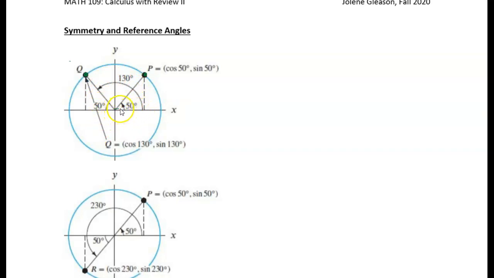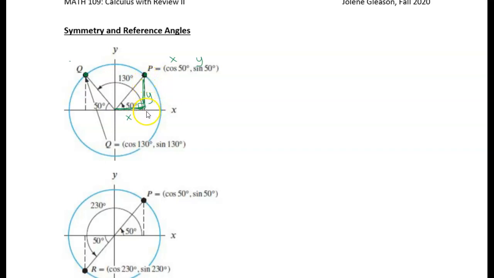If I go over in the x direction x units, that x distance is my cosine value, and if I go up by y units, that y value is my sine. So you can see this triangle here. It's a right triangle, and the length of the legs are x and y, x being the cosine of 50 degrees and y being the sine of 50 degrees.